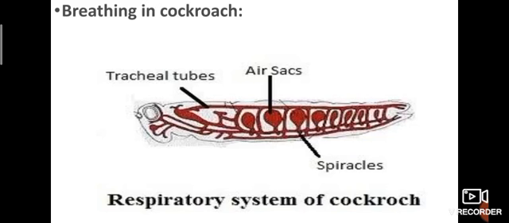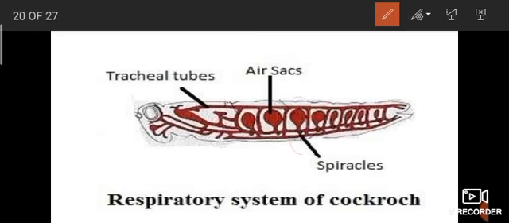Many insects like cockroaches have small openings called spiracles on the sides of the body. See this, these are spiracles. They have an air tube-like structure called the trachea that allows the exchange of gases in insects. This tube is the trachea. The air transportation occurs here.